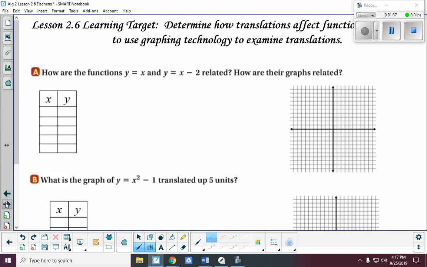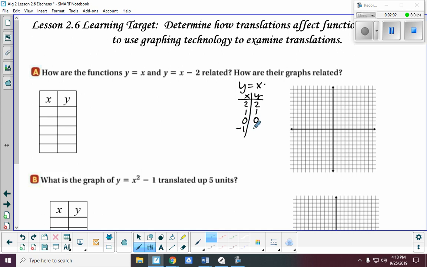Now, it says in the first question, how are the functions y equals x and y equals x minus 2 related? So just real quick, I want to graph the function y equals x. So if you made a little xy chart to graph that, if x is 2, y would be 2. If x is 1, y would be 1. If x is 0, y would be 0.